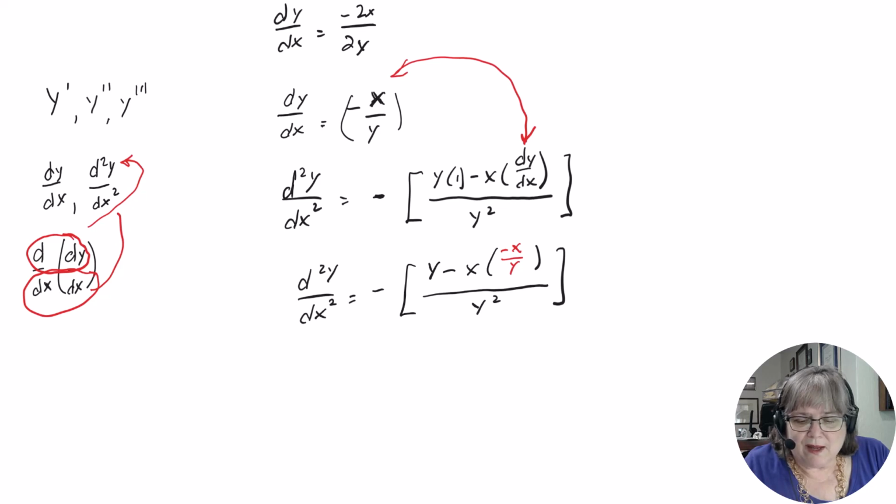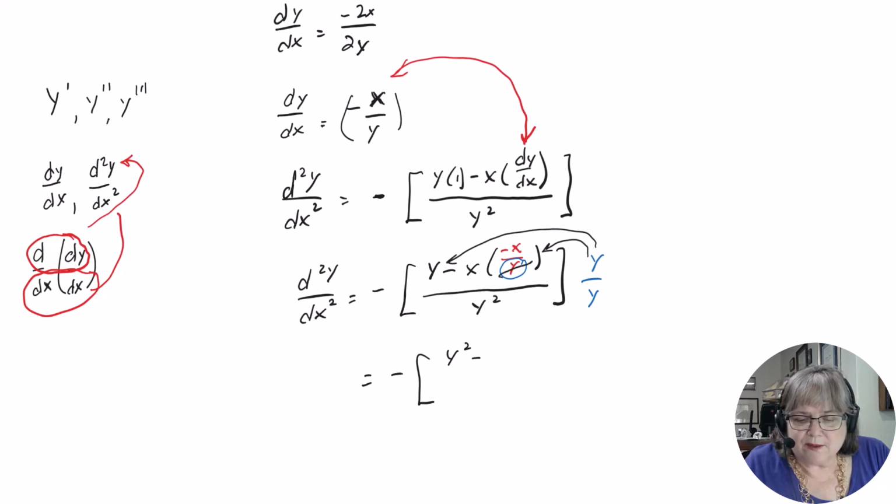All right, now this is a complex fraction, so we are going to multiply the top and bottom by the least common denominator, which is this y right here. So we're going to multiply top and bottom by y. So you have minus y times y is y squared minus this y times this x over y is canceled.